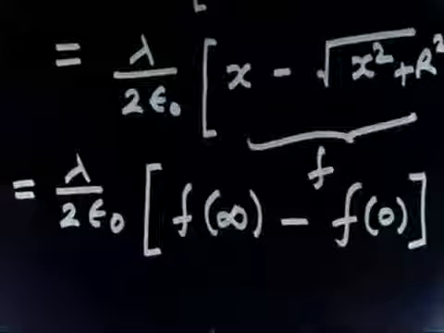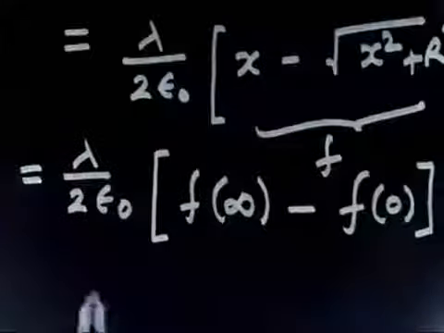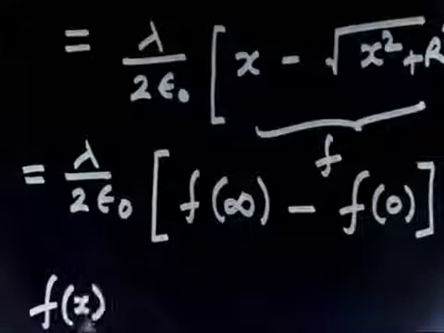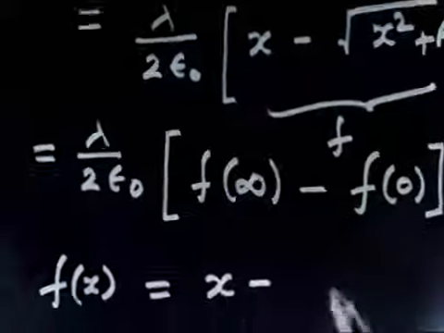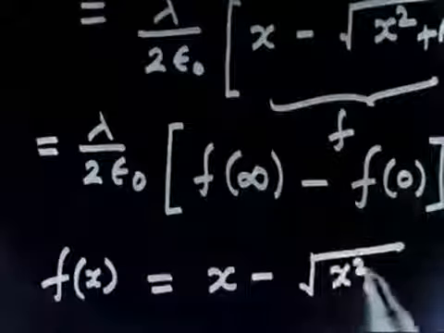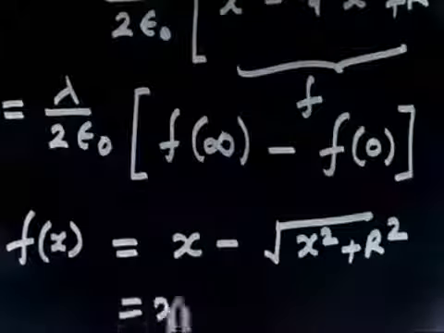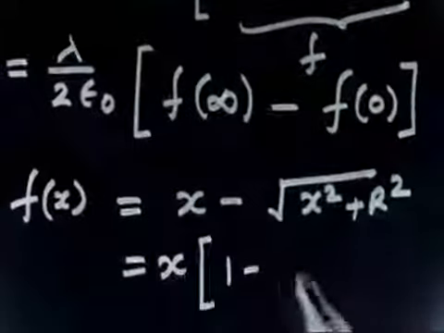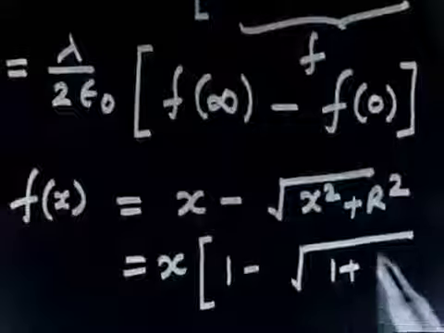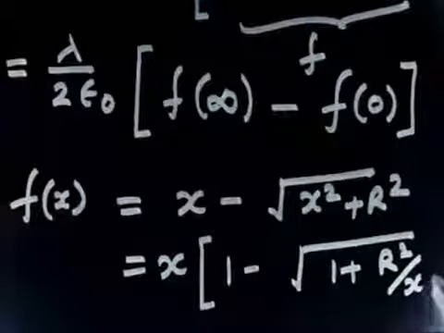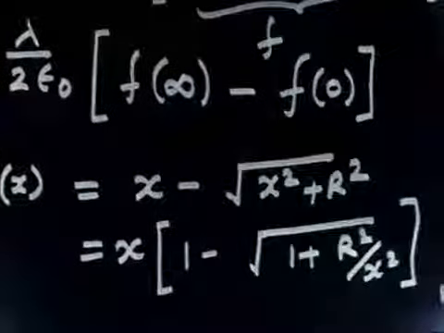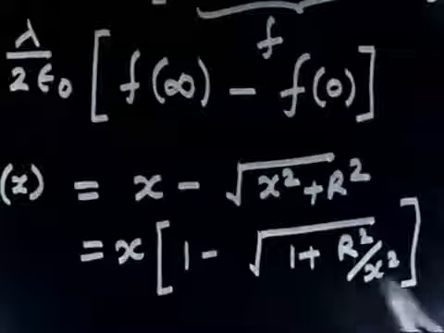I will use the expansion method. So I have function f(x), this is x minus root over x square plus r square. Now let us take x common. So I will have 1 minus under root 1 plus r square by x square, and x is much greater than r.